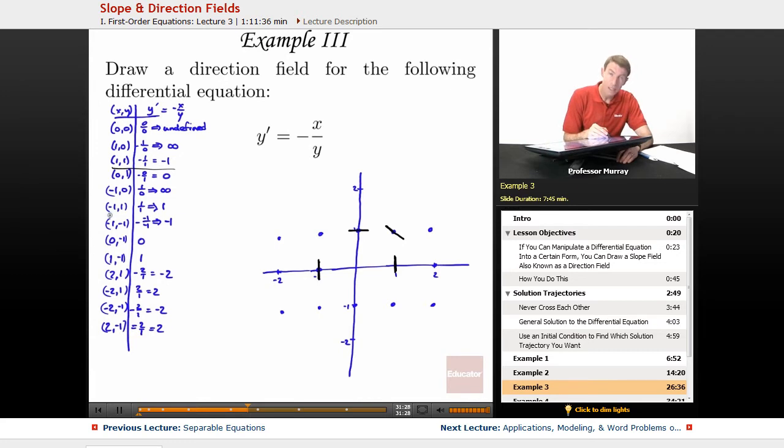Negative 1, 1 gives me a slope of 1. And 0, negative 1 gives me a slope of 0. 1, negative 1 gives me a slope of 1. Looks like I forgot negative 1, negative 1, which gives me a slope of negative 1.